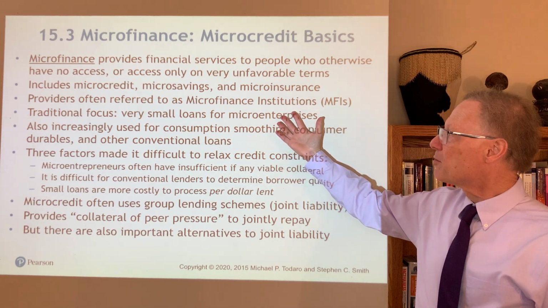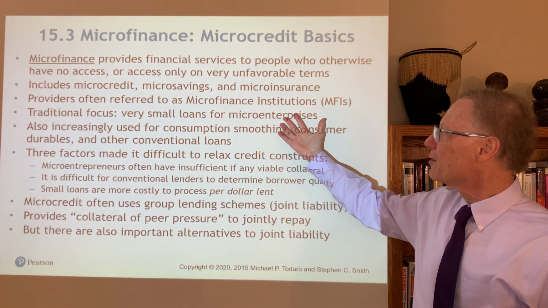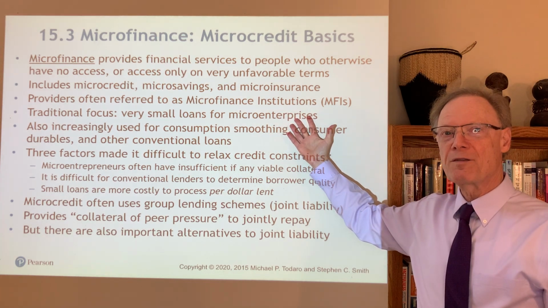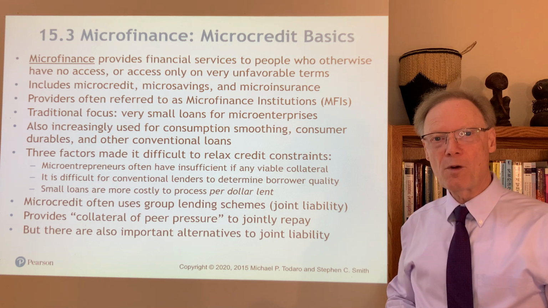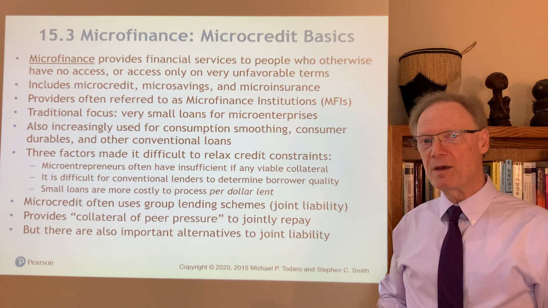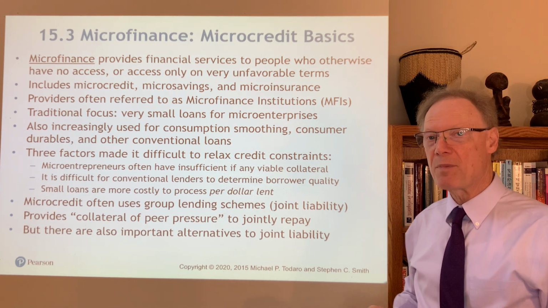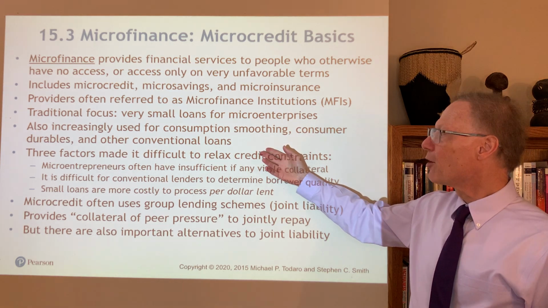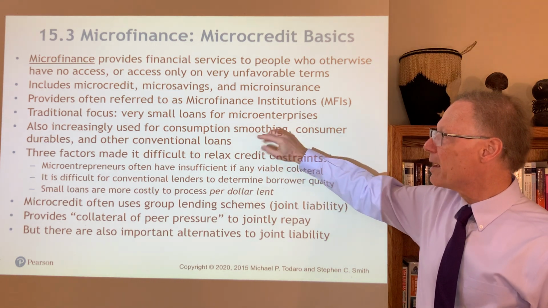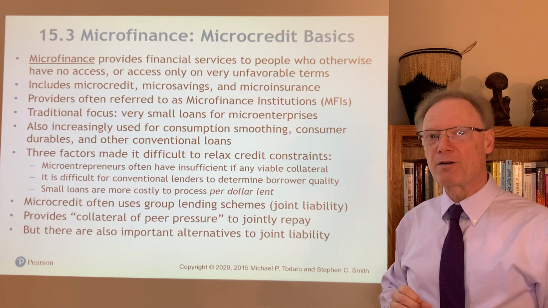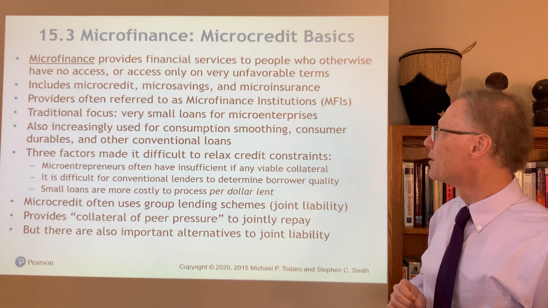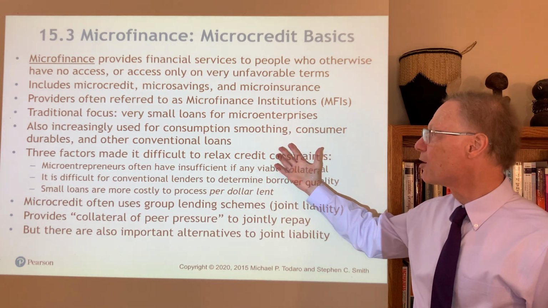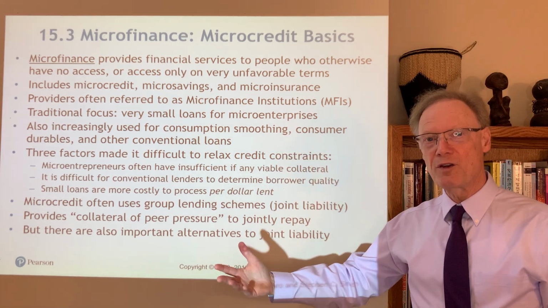So providers for these services are often referred to as microfinance institutions. They take a wide variety of forms. They may be NGOs, they may be cooperatives, they may be private banks in some cases. And also, in addition to making small loans for micro entrepreneurs, for which these microfinance institutions are best known, they're also used for consumption smoothing.